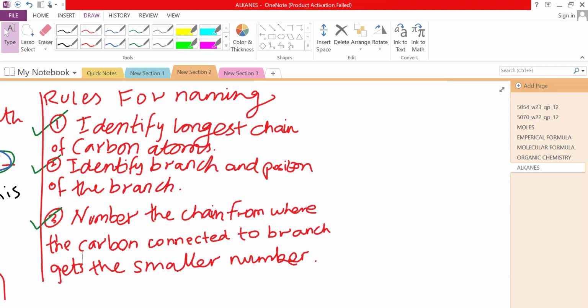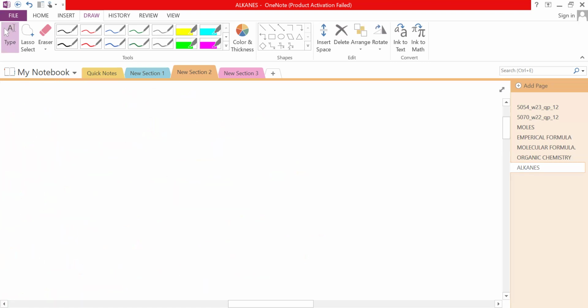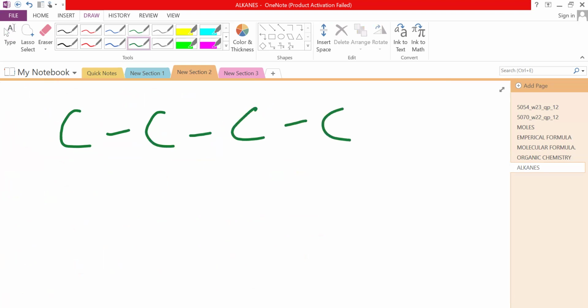So let me give you an example here. 1, 2, 3, 4. This is 4 carbons, which means it would be butane. While looking at the carbons, you have identified which alkane it is. Then I'm making a branch here, on the second carbon.